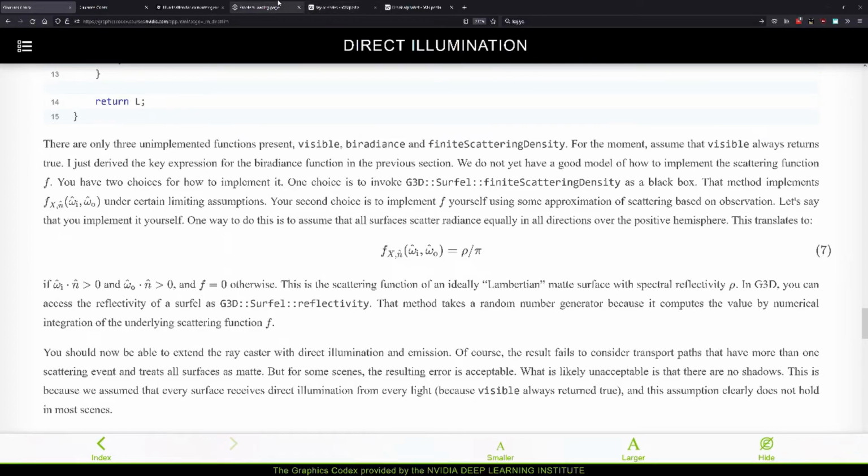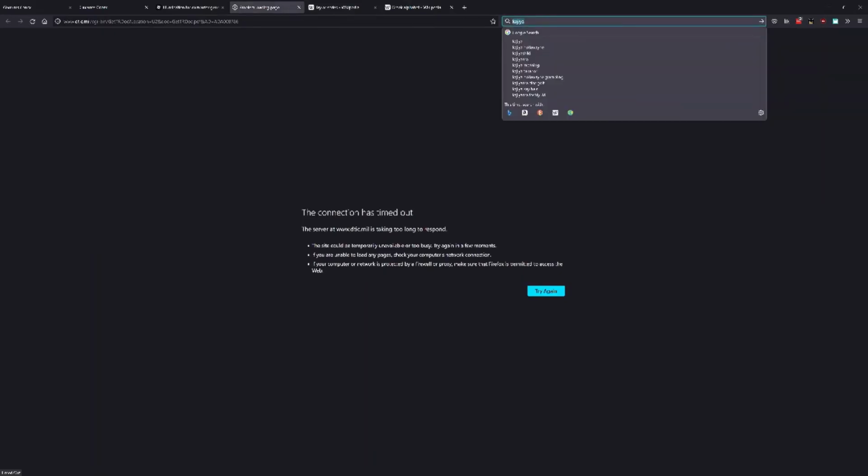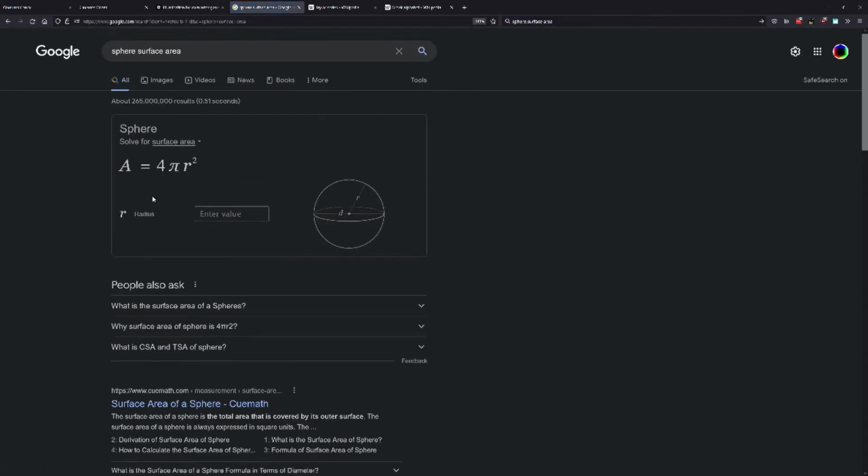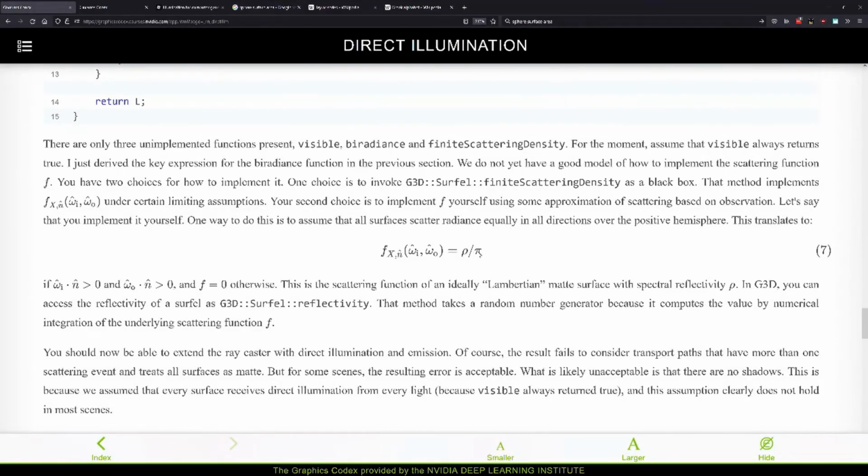Sphere surface, yeah, 4 pi r squared. And for a unit sphere, r is 1, so it's just 4 pi. But it is odd that it's just pi and not like 2 pi or something, because we're considering the hemisphere, not the sphere.